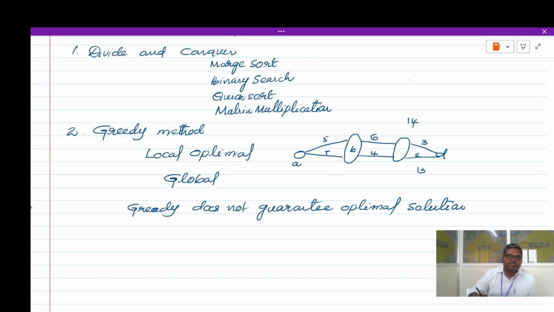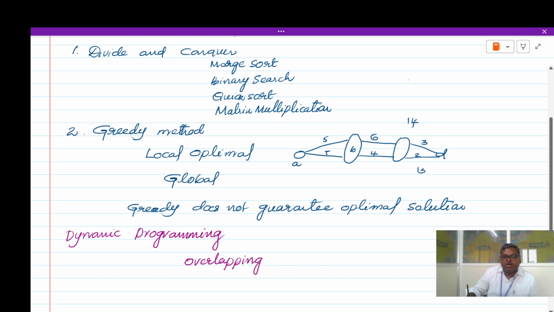we have talked about dynamic programming. Dynamic programming is very similar to divide and conquer in the sense that it also divides the given problem into sub-problems, but dynamic programming divides the problem into overlapping subproblems, whereas in divide and conquer, those are non-overlapping subproblems. So here, these are overlapping subproblems.